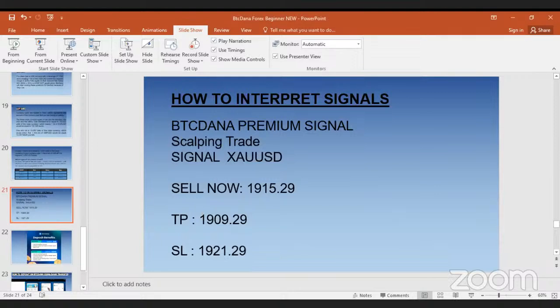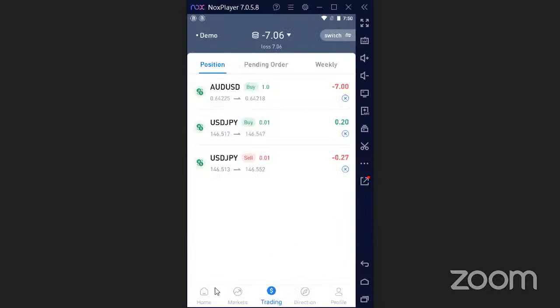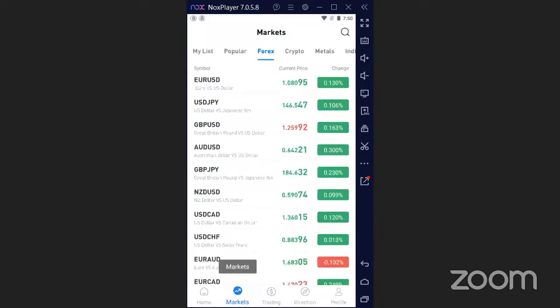I'm going to share my BTC Dana trading application with you guys right now. Now come to your market. Come to market, then on the signal, what you want to pay attention to is where it says sell now.